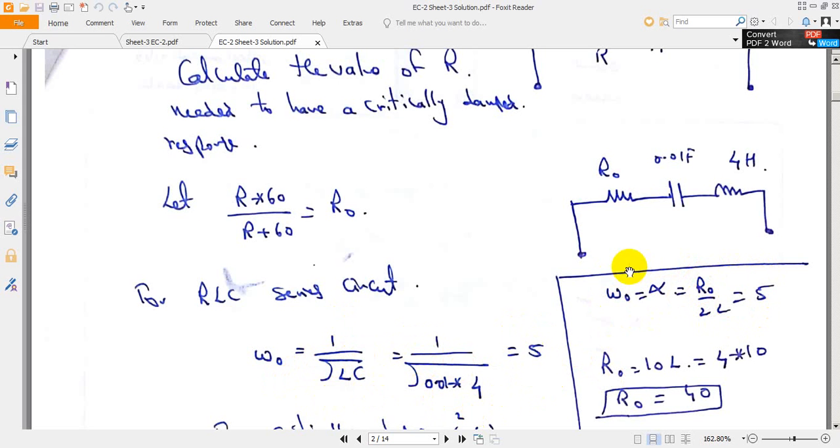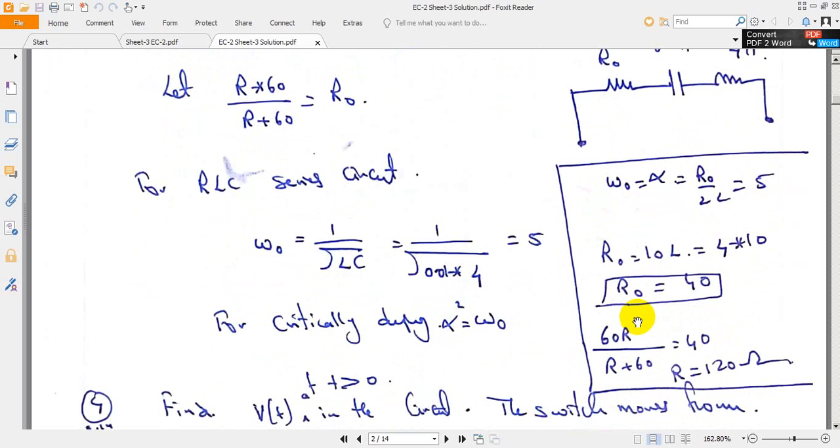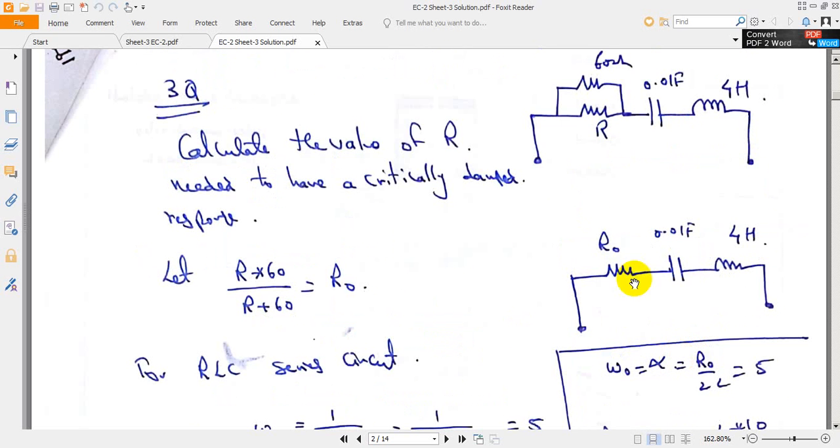From here you can write R naught is equal to 10L. We need to identify the L value. L value is already given here, which is equal to 4 henries. Then R naught is equal to 40, but we need to evaluate R.